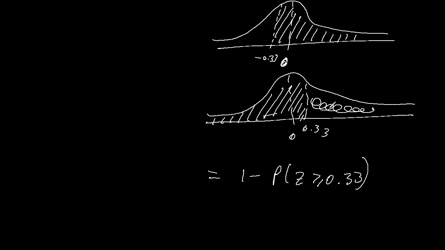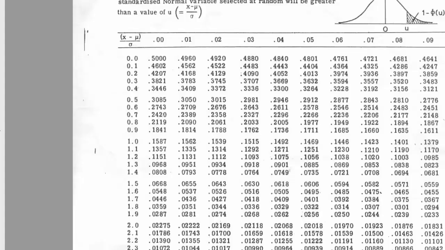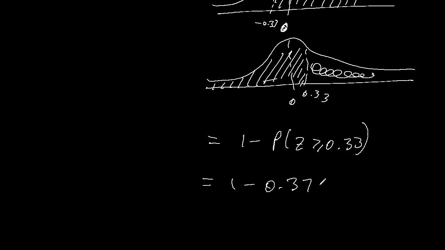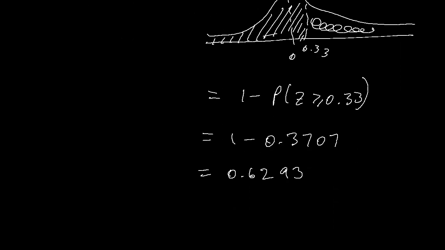So 1 minus P of z greater than 0.33 is equal to this area, and this area is equal to what we originally had. We need to find P of z greater than 0.33. So we look into our z table and we look for 0.3, scroll across here to 0.03. So 0.33 is 0.3707. So the probability of x greater than 22 is equal to 0.6293.